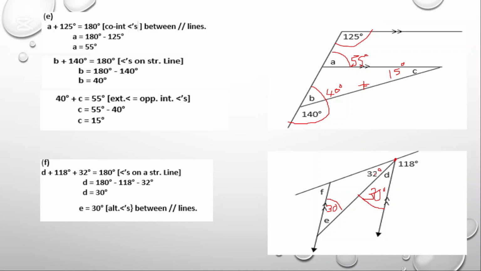Right. 32 plus 30 will give us F. F is equal to 30 plus 32 degrees, exterior angle equal to opposite interior angles. F is equal to 62 degrees. Right. And that is the exercise.